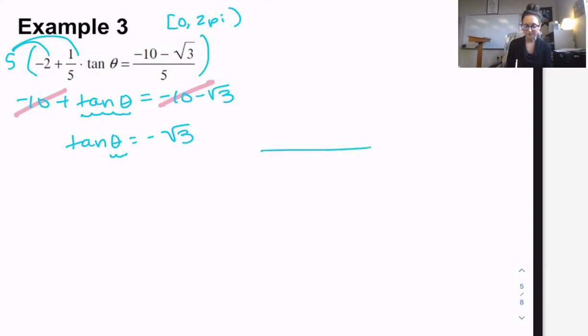I will be in quadrants 2 and 4. Remember, all students take calc, so tangent is positive here and here, meaning it's negative in the other two. So I know I'm in quadrants 2 and 4. Remember, this is y over x, so I must be closer to the y-axis.